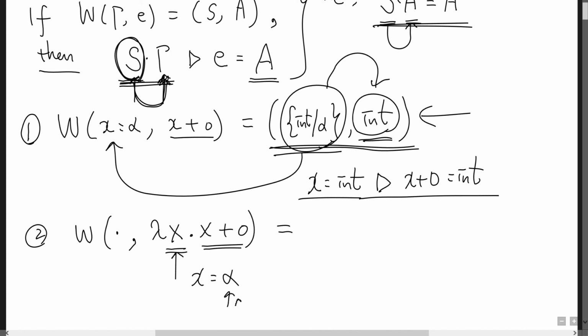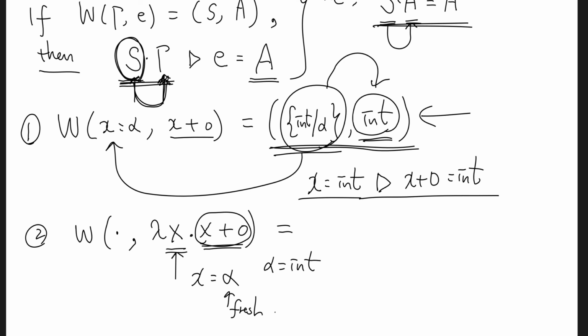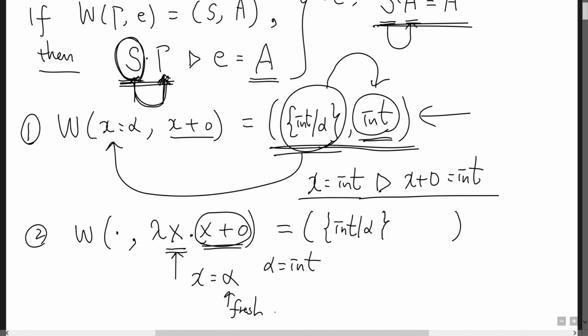So this is a fresh type variable. And later, we discover that alpha must be equal to int, because x is added to 0. And the algorithm W accumulates all the type substitutions that have been generated along the way. So what happens is, you actually return this substitution. And under this equation, the whole lambda abstraction is going to have a type int arrow int.